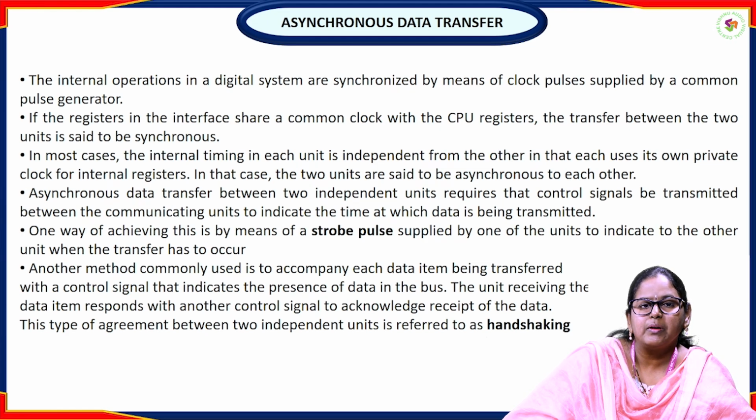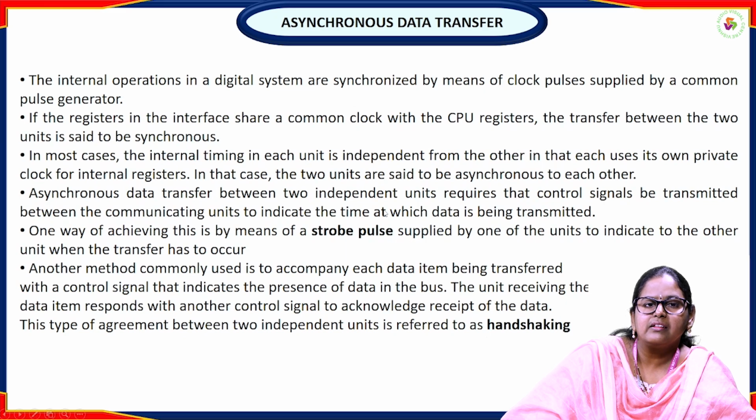In the strobe pulse, there will be no acknowledgement. The destination will not send any kind of acknowledgement that it has received the data. But in handshaking, the destination unit sends the acknowledgement to the source that it has received the data.